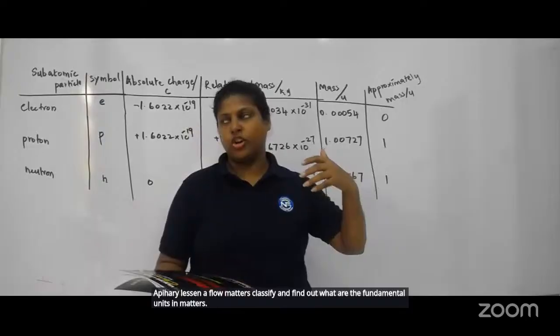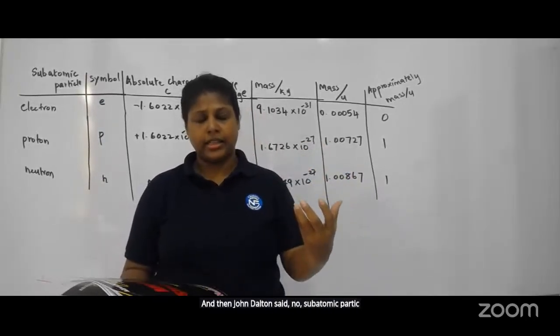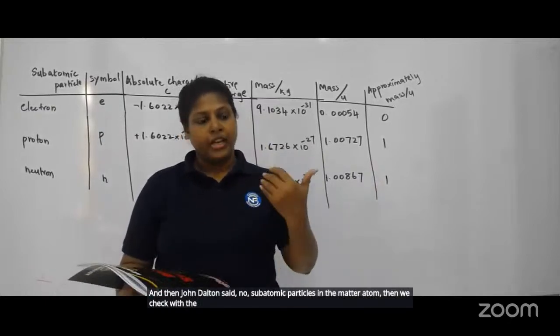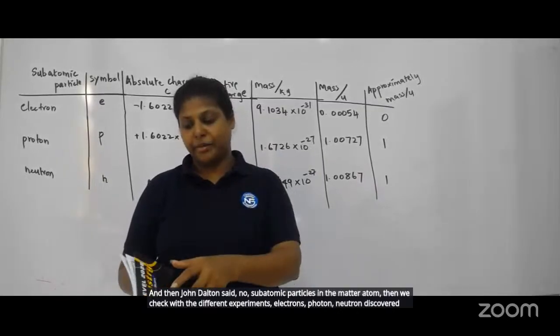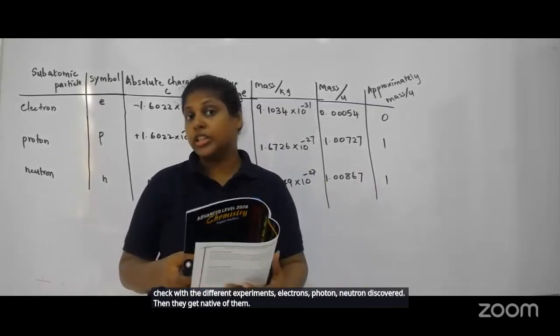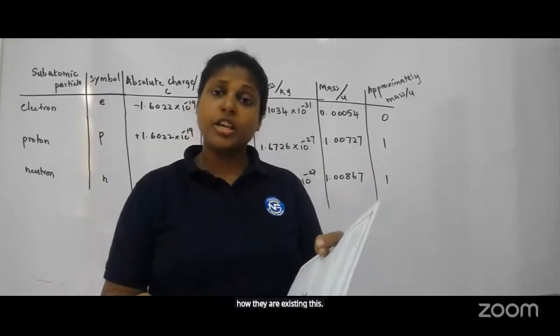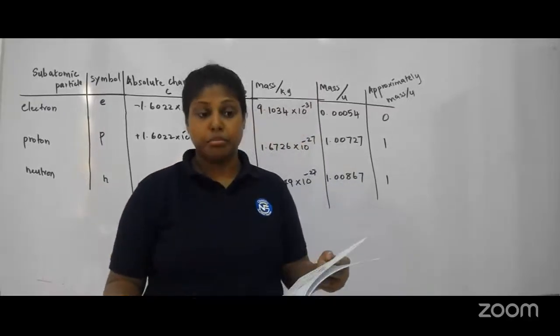And then John Dalton said there are no subatomic particles in the atom. Then we checked with different experiments, and electrons, protons, neutrons were discovered. Then the problem was how they exist in the atom. To answer that, we have a few atomic models.